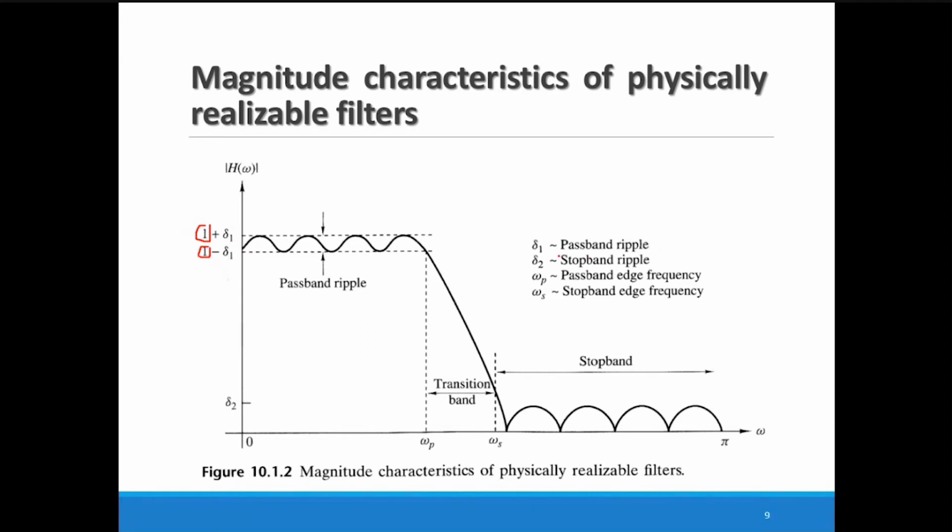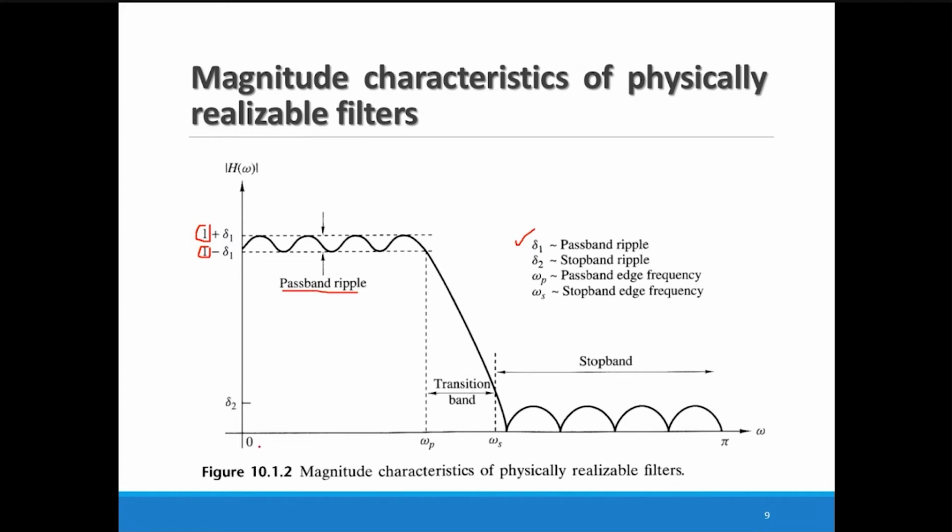This is the passband ripple. Instead of a constant value 1, the response changes from 1 plus delta 1 to 1 minus delta 1. That is the passband ripple shown here.